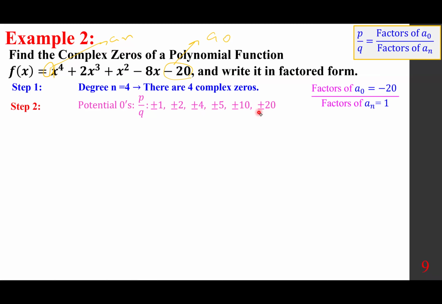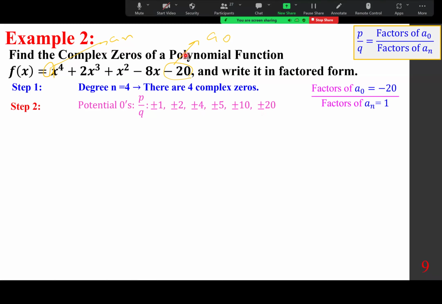The way we check them out, for example, we plug in 1 to see what we get, negative 1, what we get, 2, what we get. And as long as we get a couple of them, then we move on. So let's plug in 1. We get 1 to the power of 4 plus 2 times 1 cubed plus 1 squared minus 8 times 1 minus 20.